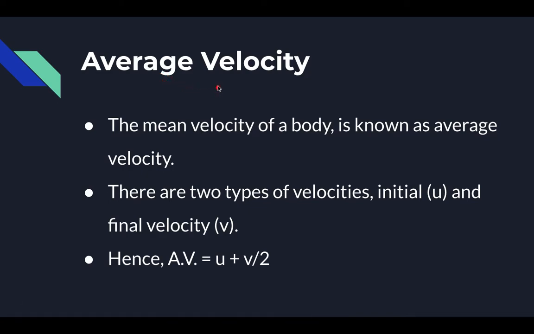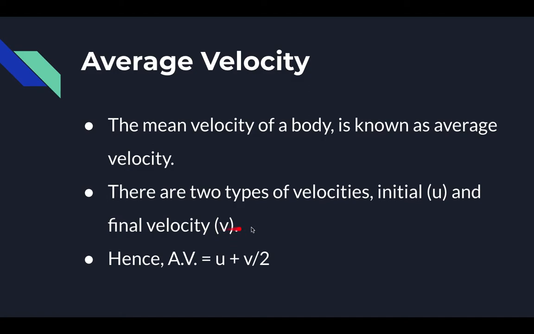Average velocity. Here the word average: whenever you have to find the average, you have to find the mean value. Here we have two types of velocities. Initial means the beginning velocity, and final means the velocity at the end.